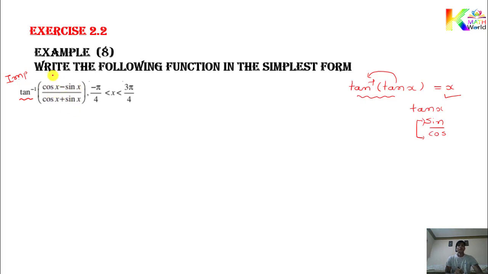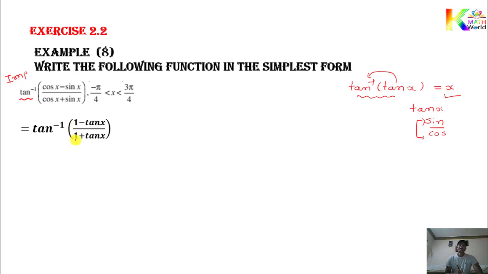That's why we will divide numerator and denominator by cos x. This is your next step. This is your question, and as we divide numerator and denominator by cos x, cos over cos is 1, and sine over cos is tan.